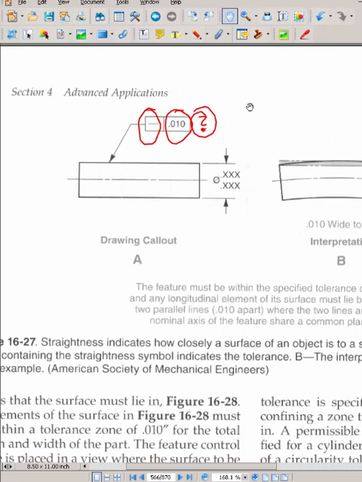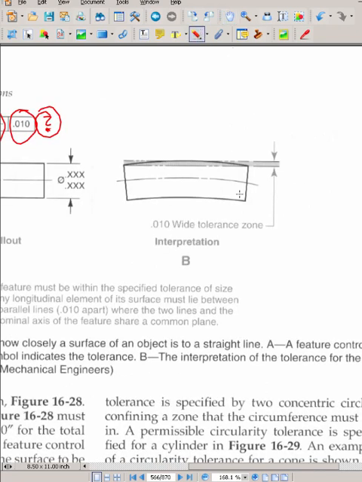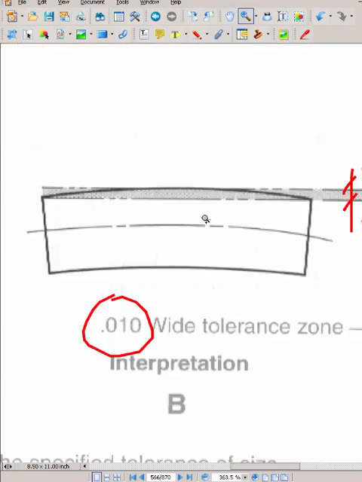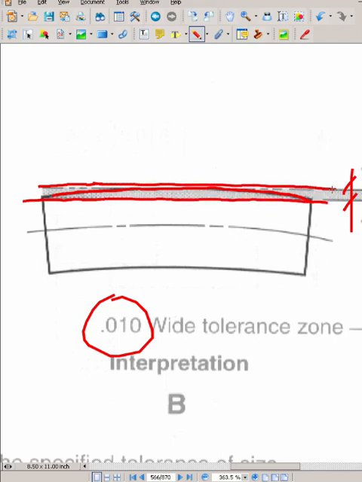Look what it means. There is the tolerance zone that is 0.01 wide. We'll zoom in some more on this. We've got the 0.01 wide zone, and you can see a deviation of the part in the fact that it's not really straight in reality, and most parts aren't perfectly straight, but it does fall within the 0.01 tolerance zone for being straight, and therefore is okay.